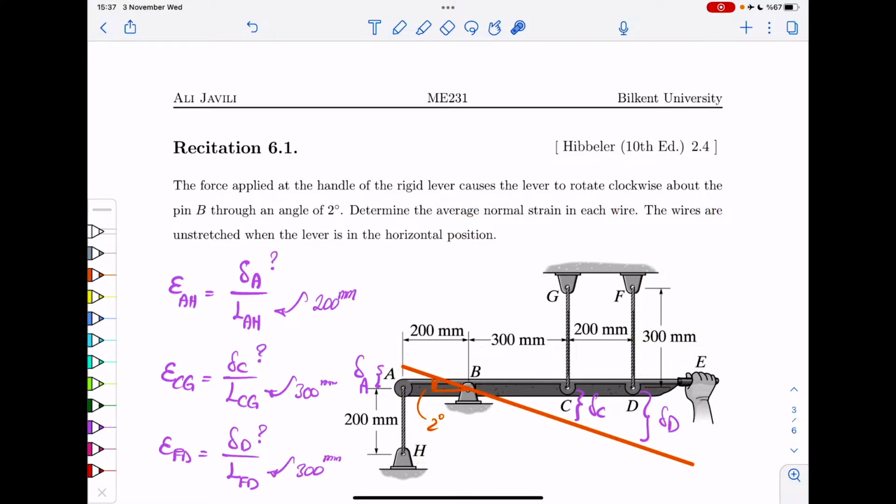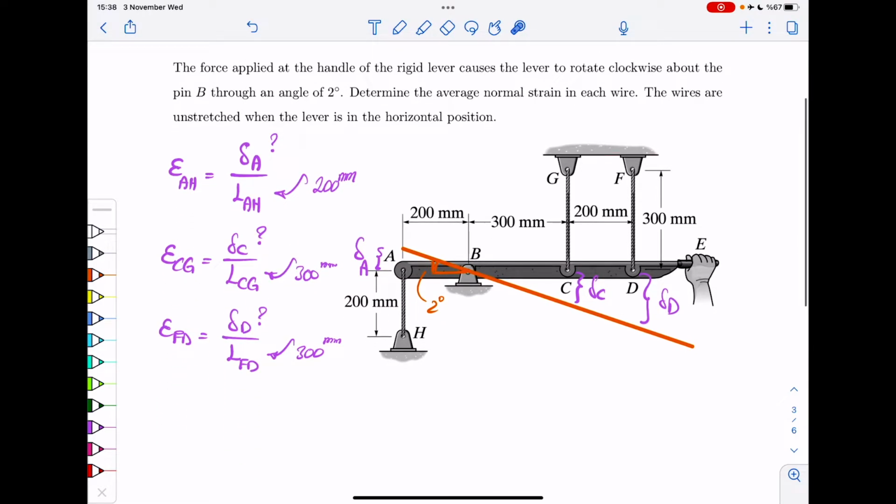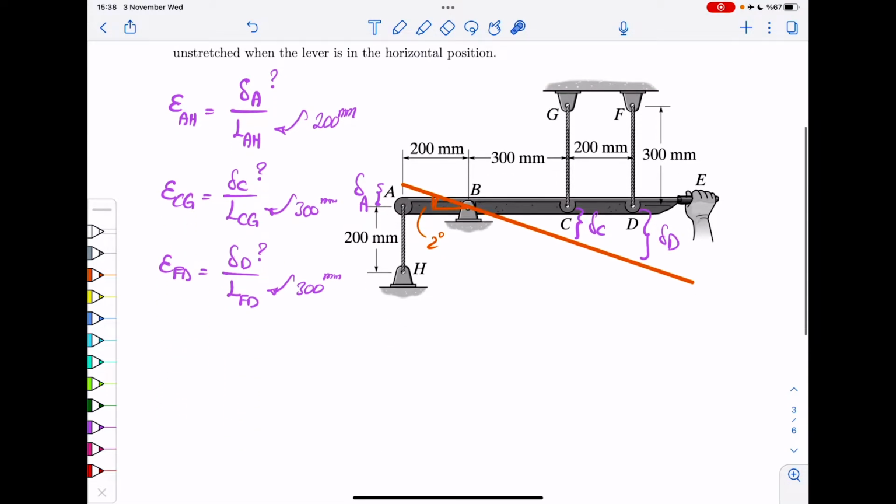So again, remember, if theta is very small, its sine and its tangent are small too, and they are basically equal. So we say delta A is simply 200 times theta itself. And theta here is this 2 degrees, which is, by the way, 2 times pi over 180 radian.